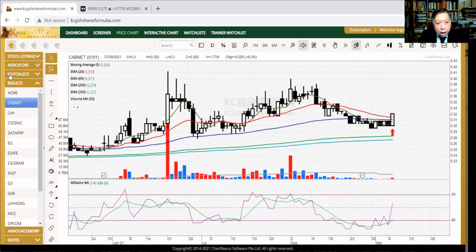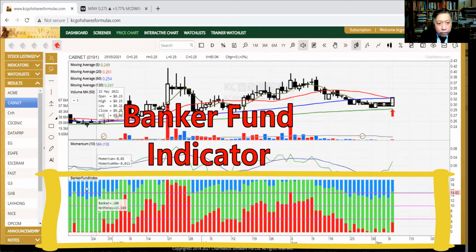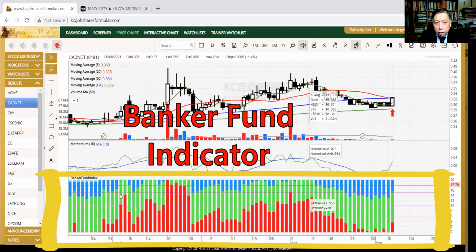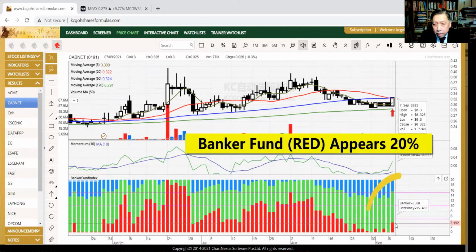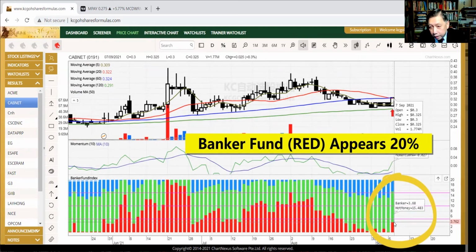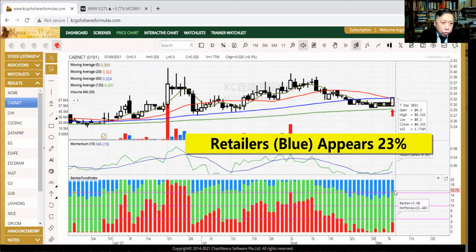But our software has a different setup. We have the banker fund indicator, and then we just click on the fifth horse head, and you can see the banker actually appears. There's about 20% of it, and the retailer is also about 23%.